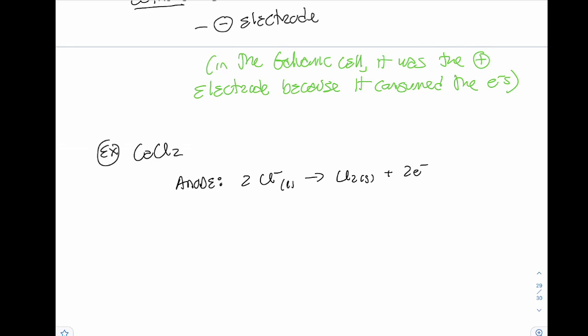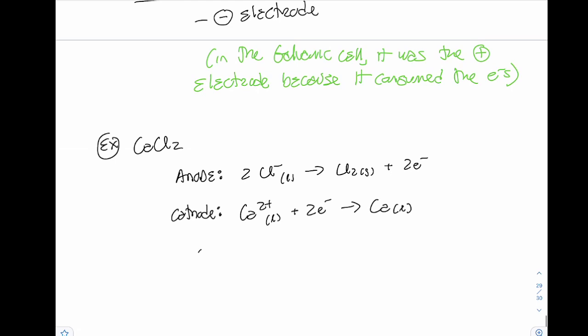So that's my oxidation. We're losing electrons, we're producing electrons. And then our cathode, I'm going to have calcium ions this time. We're going to gain electrons and we're going to produce calcium.